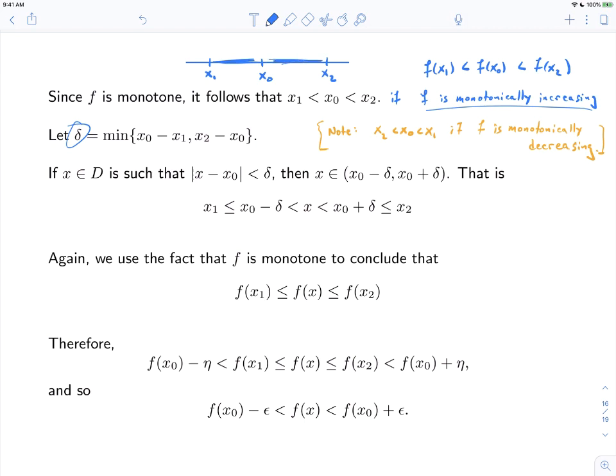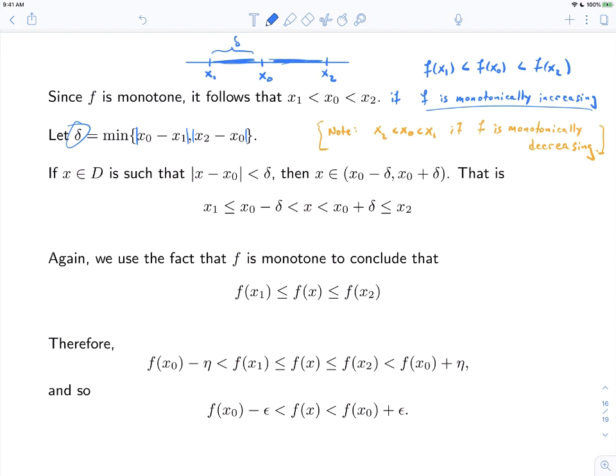Whichever one's smaller, that's your delta, which in that case looks like this one, delta. And again, if f was monotonically decreasing, you would just put x2 over here and x1 over here, but otherwise it would be the same. Okay, and then you just have absolute values here to make sure that everything's positive.